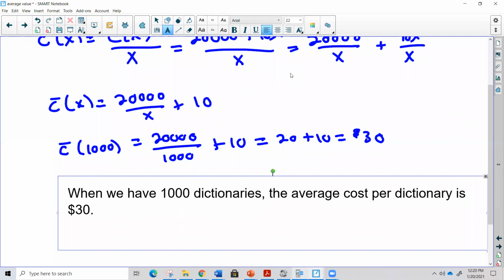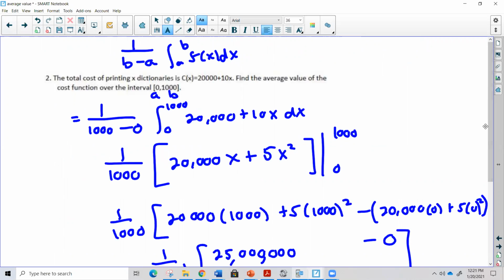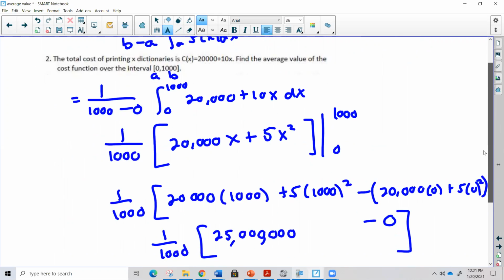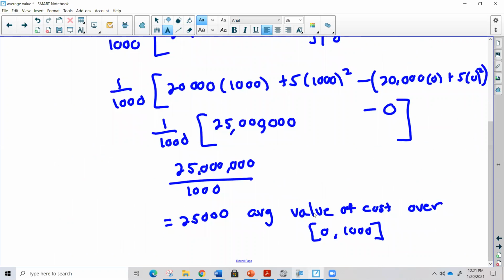Okay, what we found in the problem before was the average value over the 1,000 dictionaries. So this is the average value of cost when I have 1,000 dictionaries.